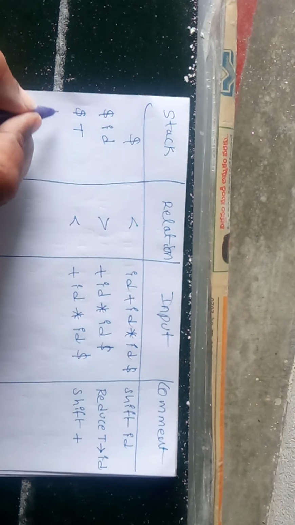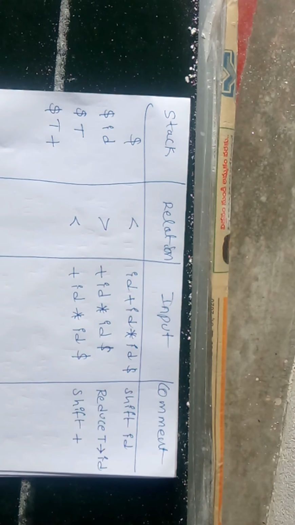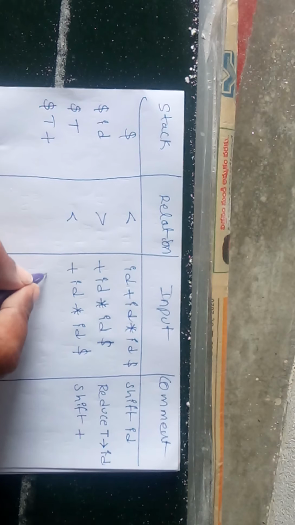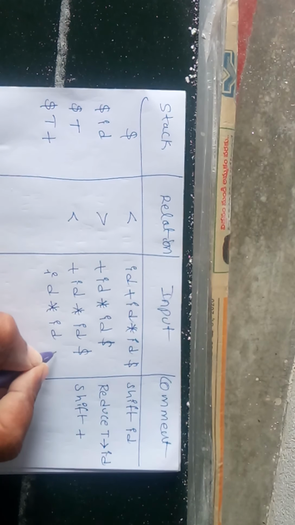In the next step: dollar T plus, and the remaining expression id star id dollar.